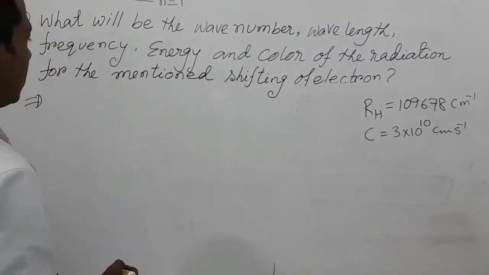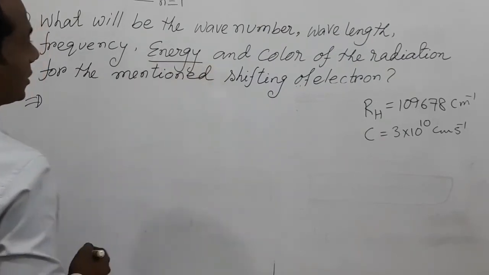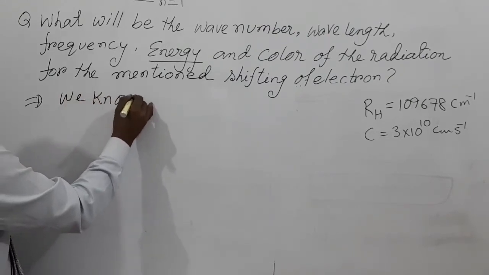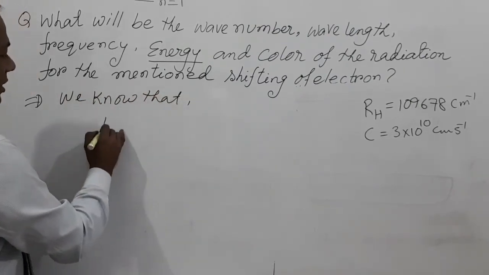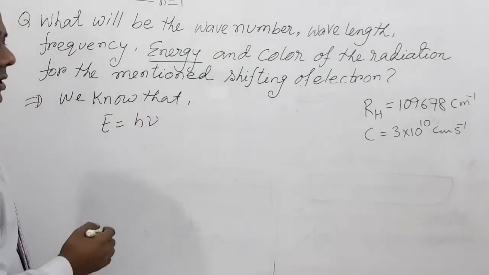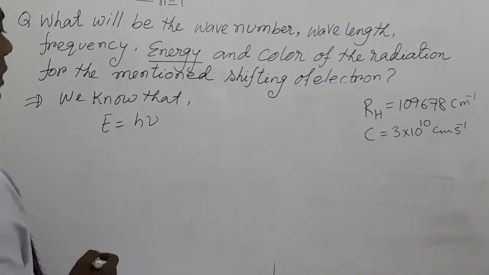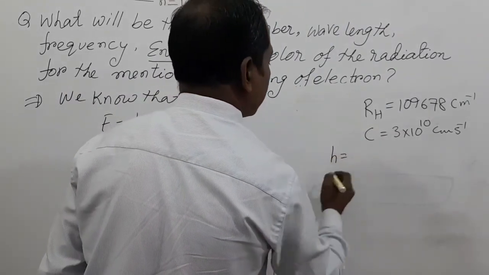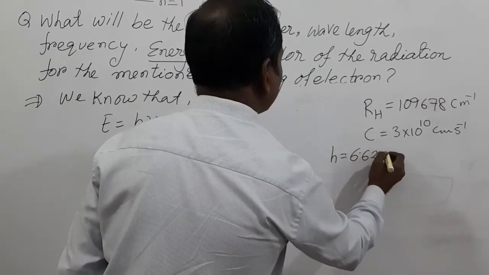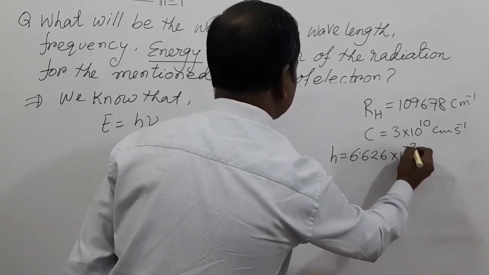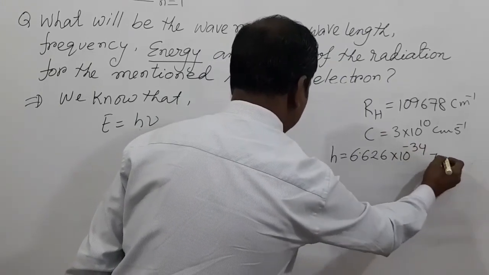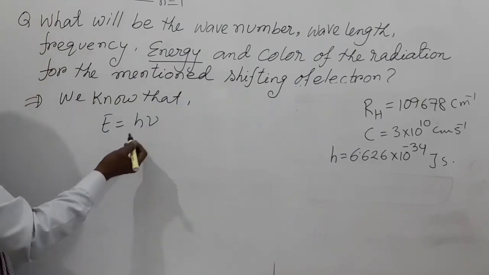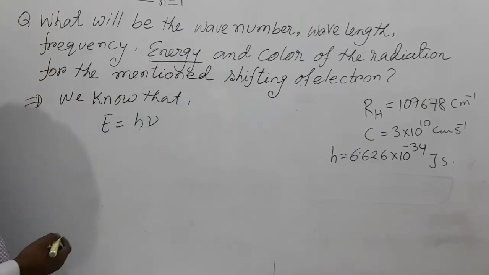My dear students, now we calculate the energy for this transition. We know that E equal to h nu. Here h is the Planck's constant, and the value is 6.626 × 10^−34 joule second. In our previous problem, we got the value of nu.